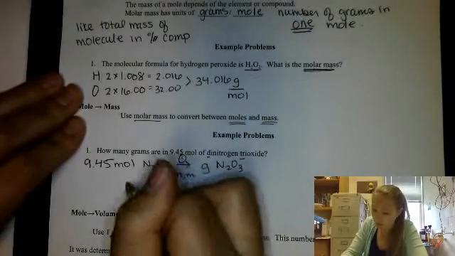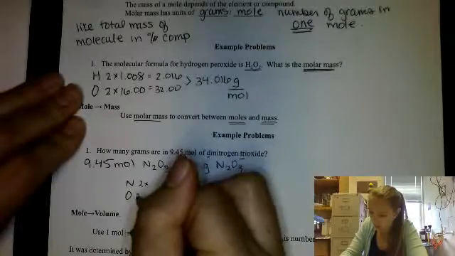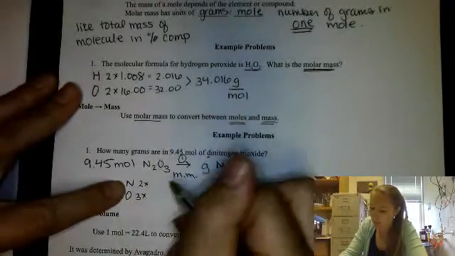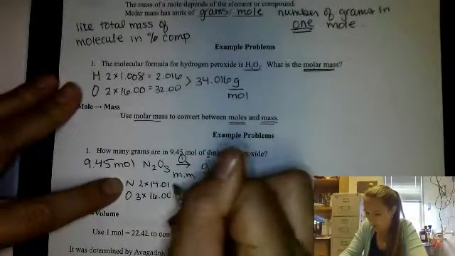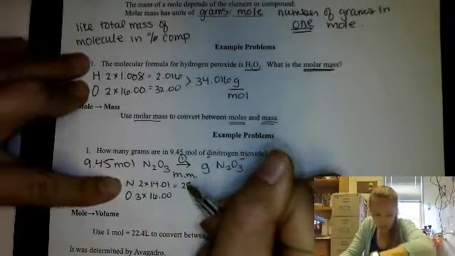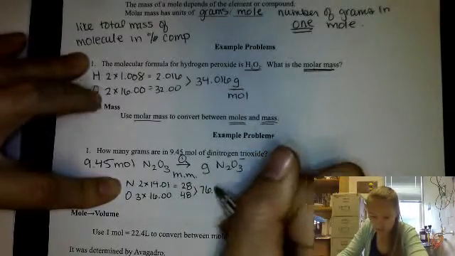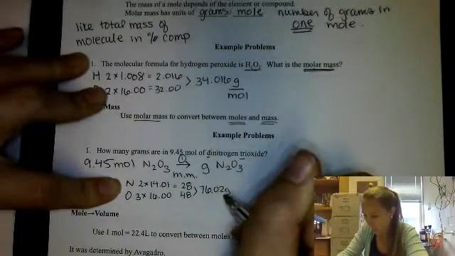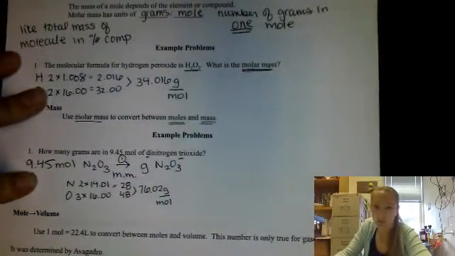So my molar mass, nitrogen and oxygen, 2 nitrogens, 3 oxygens. Nitrogen's molar mass is 14.01, oxygen is 16.00, so 28 and 48 gives me a molar mass of 76.02 grams per mole. And now I set up my conversions.